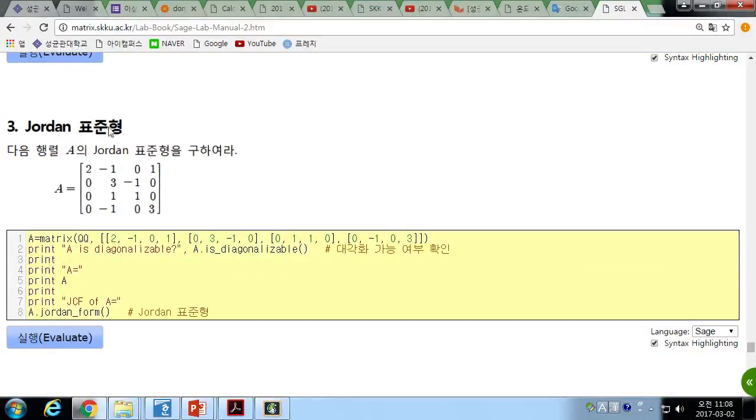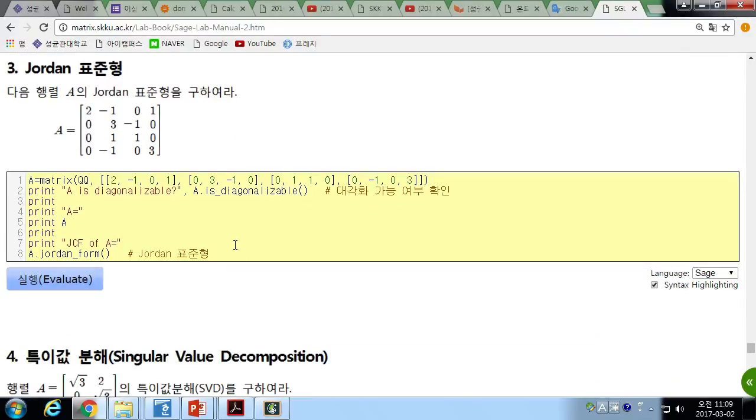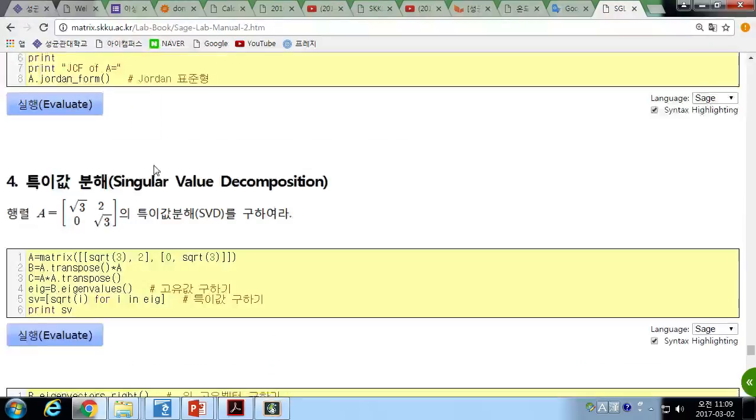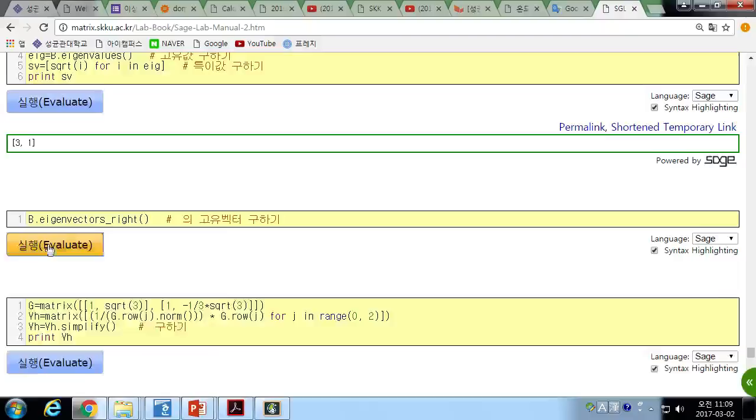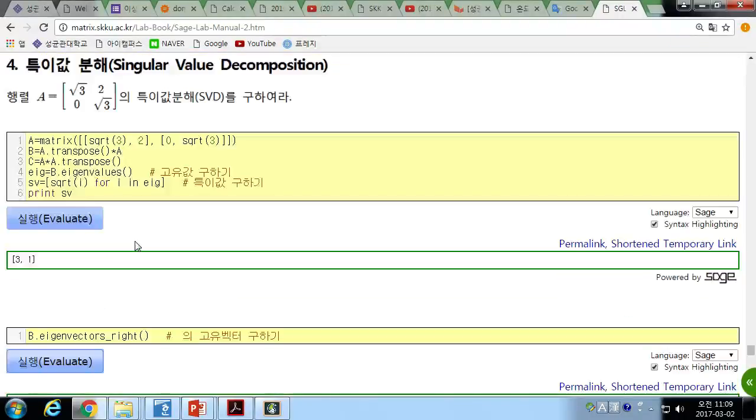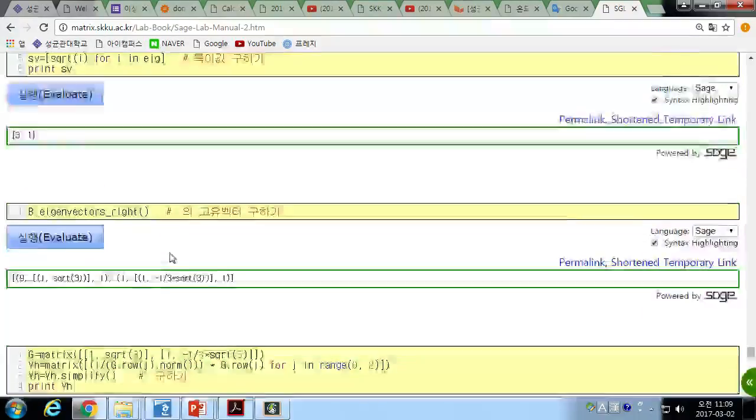And the last chapter is the Jordan canonical form, which works for general matrices, even for a matrix which is not diagonalizable. And singular value decomposition is one of the most important concepts used in real world problems.